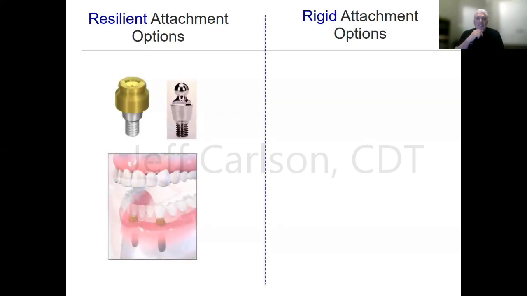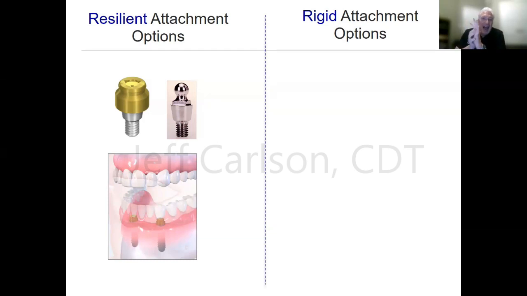So let's keep going here. Let's talk about our attachment options. We're going to talk about these overdentures, and there are 2 classifications of attachments. One is referred to as a resilient attachment, and the other is a rigid attachment. A resilient attachment is going to give you that mobility, if you will, of the prosthesis.